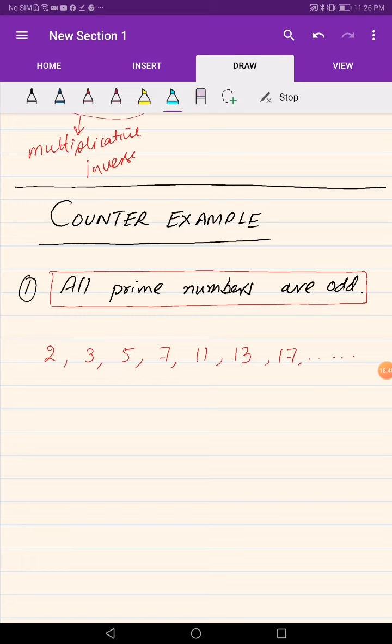You can see that all numbers are odd, and I am hoping every prime number will be odd, because if any number is even, then definitely 2 will be a divisor of it, and a prime number cannot have more than 2 divisors. So what we see, 2 is the only number which is making this statement wrong. So quoting the example of 2 will make this statement wrong. So this is called a counter example.